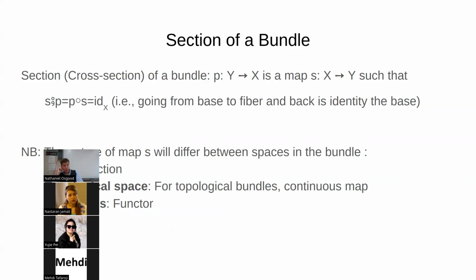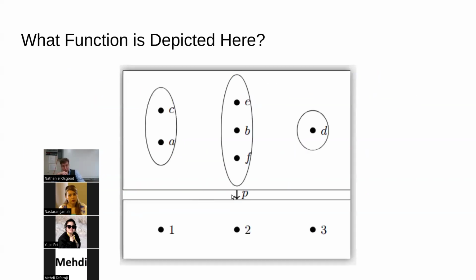I'd like to talk about how these apply to bundles because it's a great intuition-building exercise for how they apply to sheaves. Okay, a section for a bundle that has a P is a map in the opposite direction, S. It maps from each of these to one of these for each.